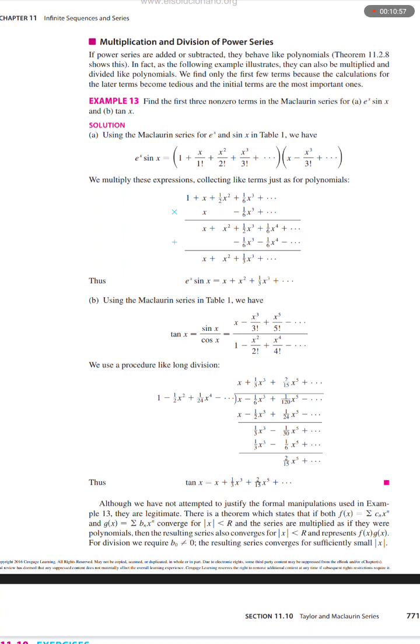We use a procedure like long division, where we have x minus 1 over 6 x cubed plus 1 over 120 x to the 5th power minus ellipsis divided by 1 minus 1 half x squared plus 1 over 24 x to the 4th power minus ellipsis.